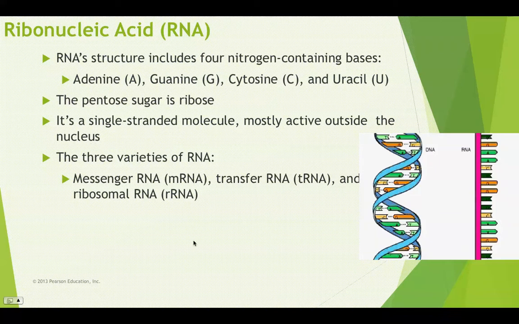RNA is actually formed off of the DNA template, and then it will exit the nucleus and go out to the ribosome to direct protein synthesis. There are three types of RNA: messenger RNA, little m RNA, transfer RNA, little t RNA, and ribosomal RNA, or lowercase r RNA.